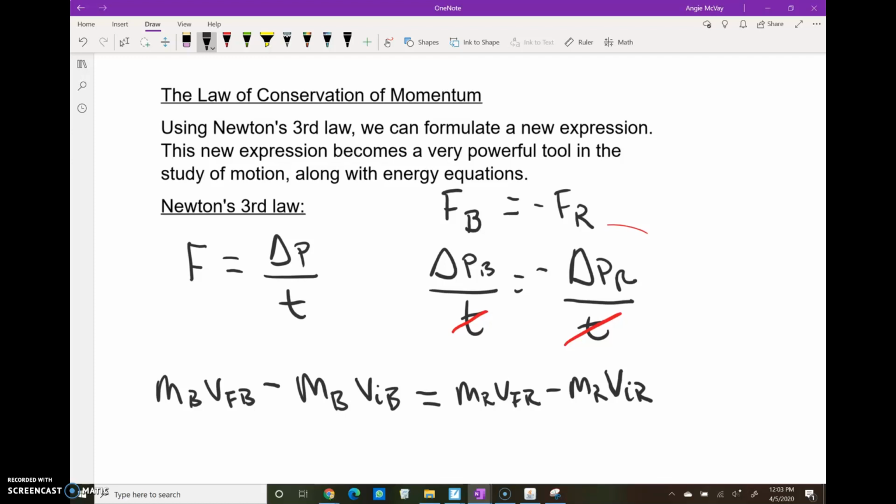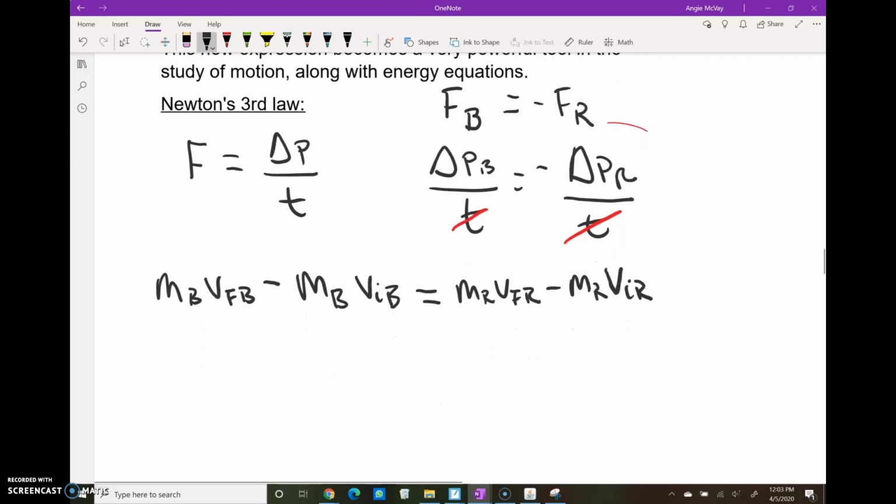Now we're going to do some rearranging here. Okay, if we rearrange these, we can actually write this as, and let's not forget to include the fact that up here we said the change in momentum of the red car was negative.